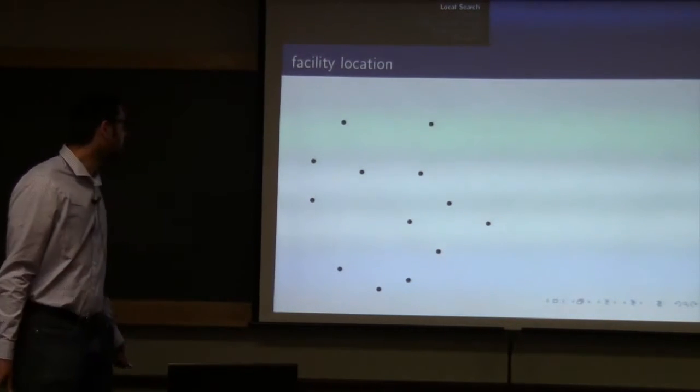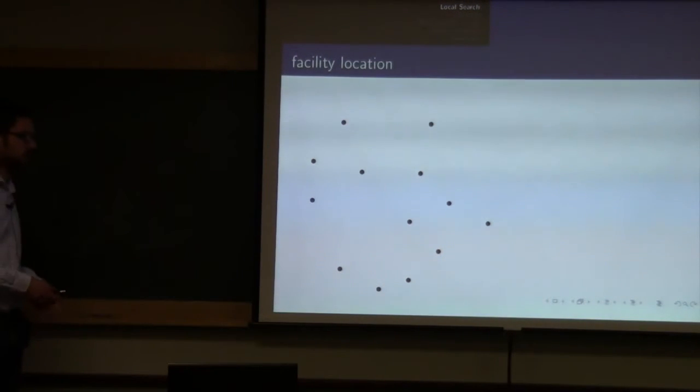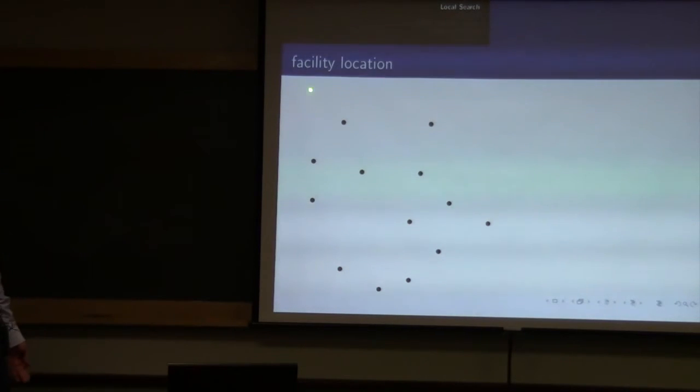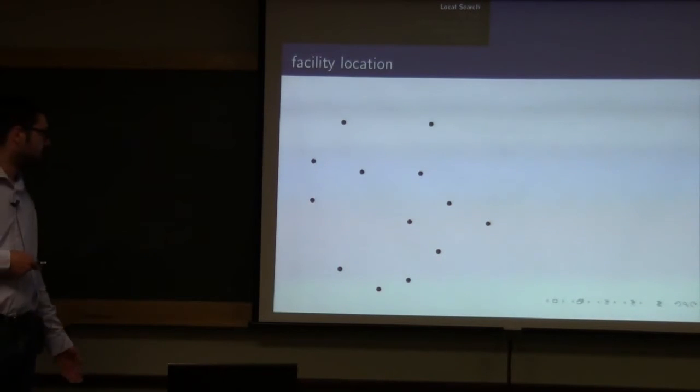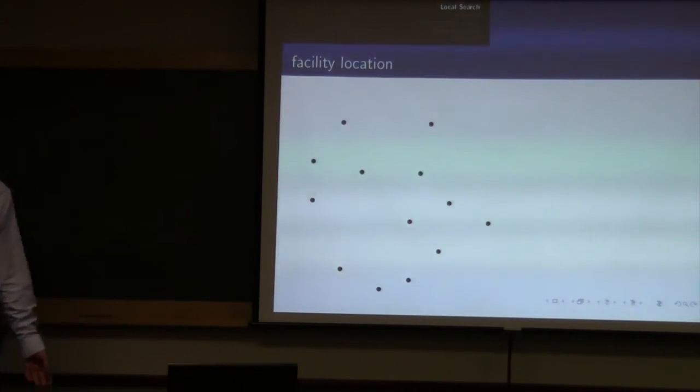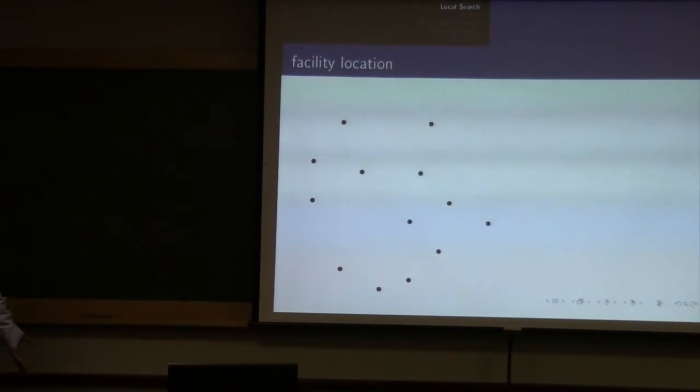Okay. Now I'm going to talk about a more sophisticated example. And this problem is called facility location. In this problem, we would like to locate some number of facilities. So they might be hospitals or parks or this kind of thing.